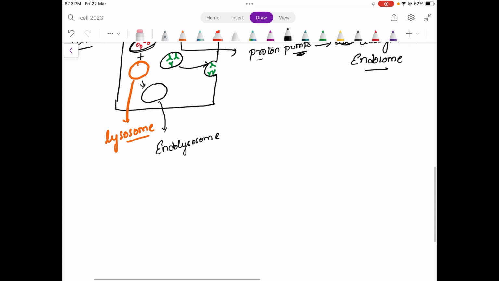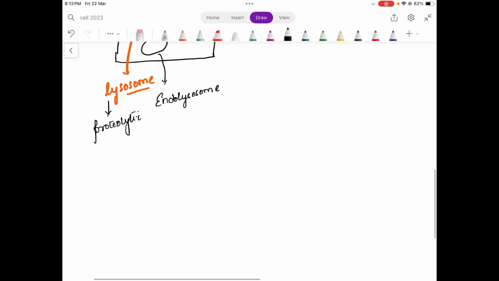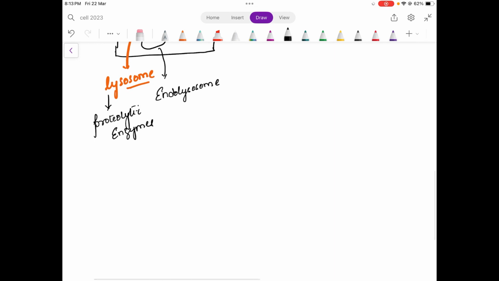The lysosome will contain proteolytic enzymes, and these proteolytic enzymes will break the protein part into free amino acids.